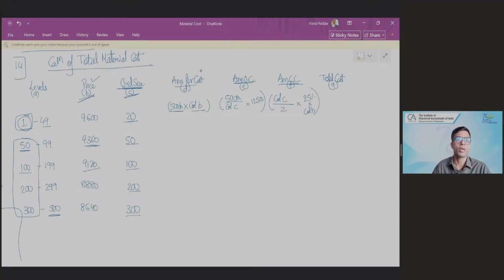So AR multiplied by price. AR upon order size multiplied by O. Order size upon 2 multiplied by C. And C is carrying cost percentage into purchase price. And then my last column will be D plus E plus F.